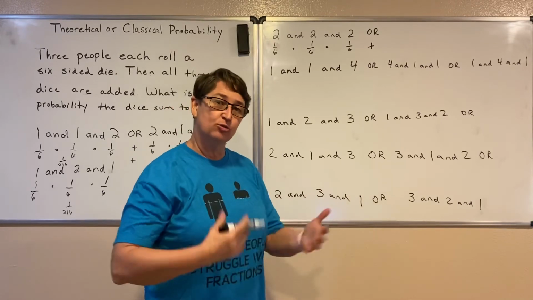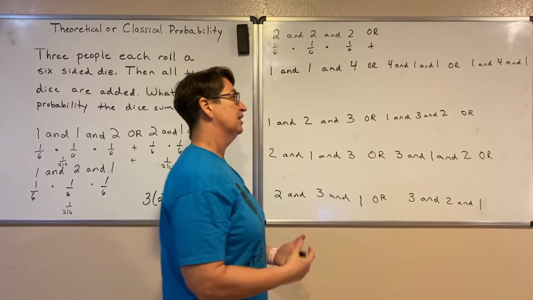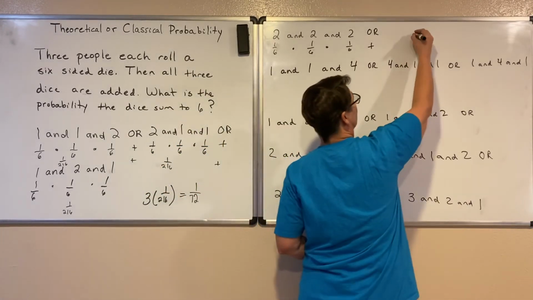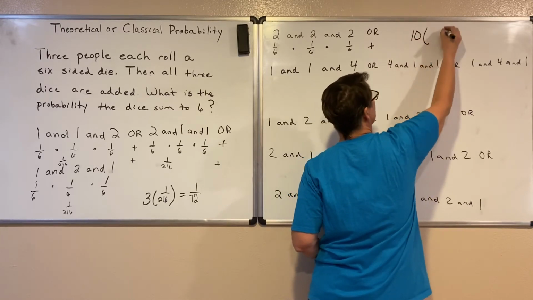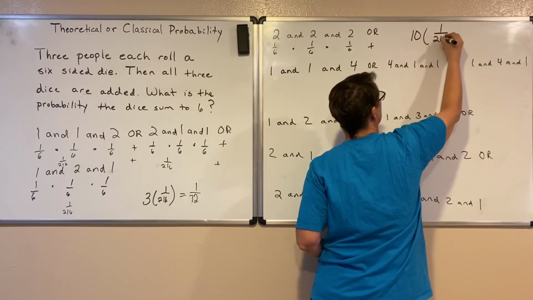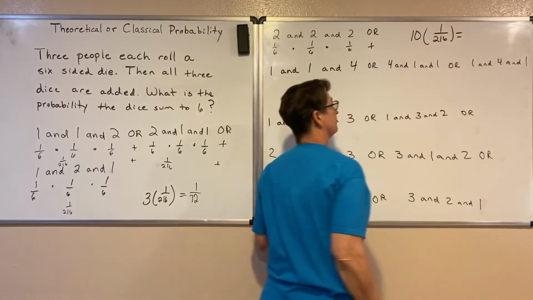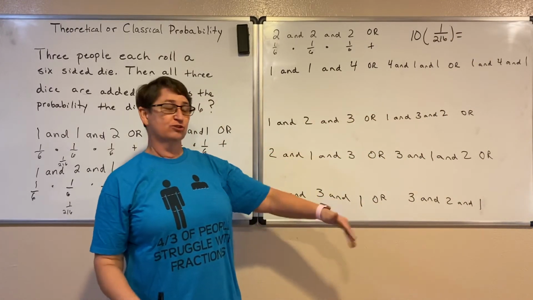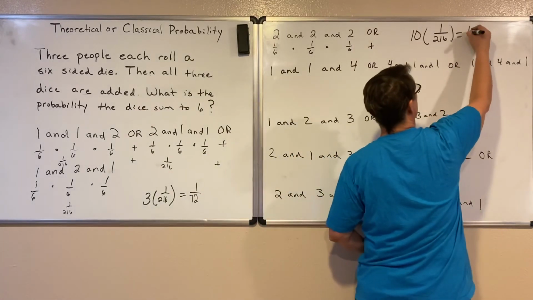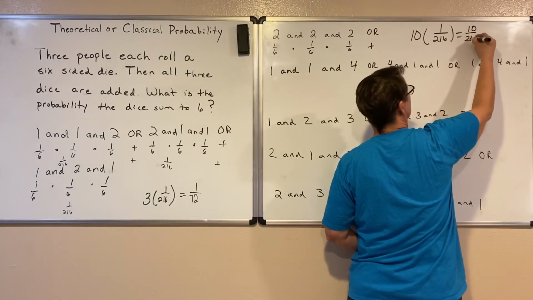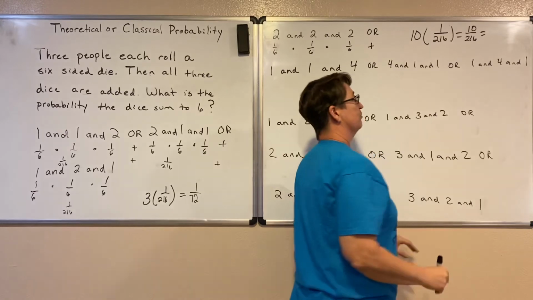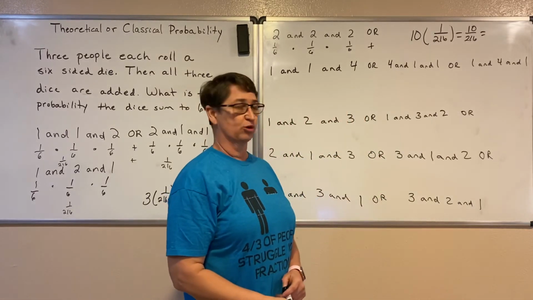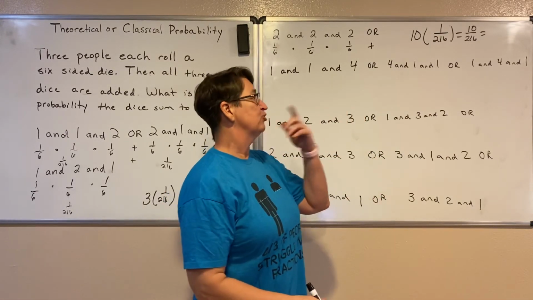Instead of adding 1 over 216 over and over again, we can just multiply 10 times that 1 over 216. You can just multiply straight across so you get 10 over 216. I could do it that way this time. Normally I like to simplify before I multiply, but remember with fractions we're just multiplying straight across. And then we'll need to reduce.